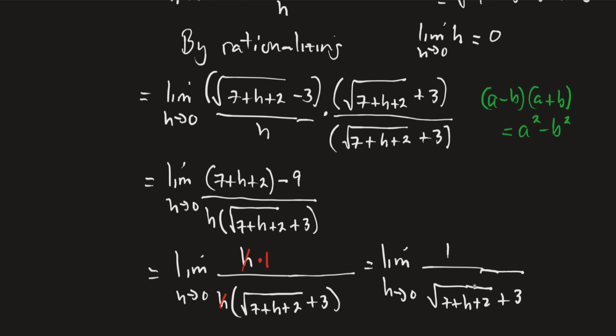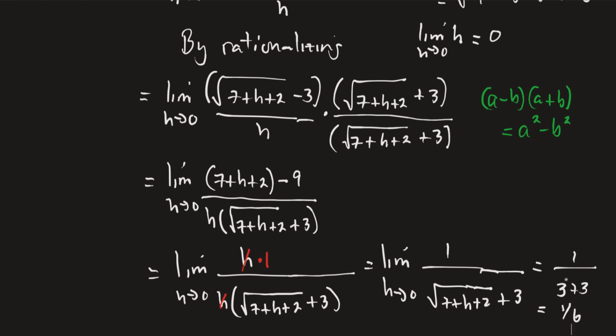And now we can plug 0 in again, and this time we won't get something indeterminate. We will get an actual number. The numerator is 1. The denominator gives me root 9, which is 3, plus another 3. So the slope of the tangent line to this function at this point is 1/6, right?